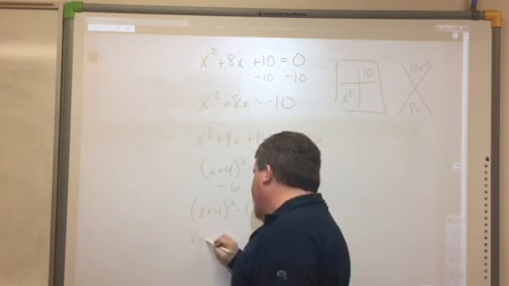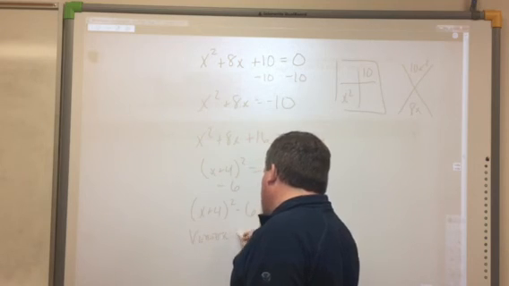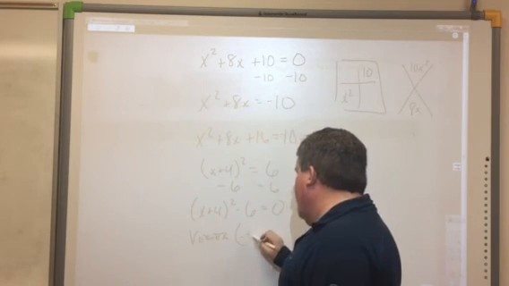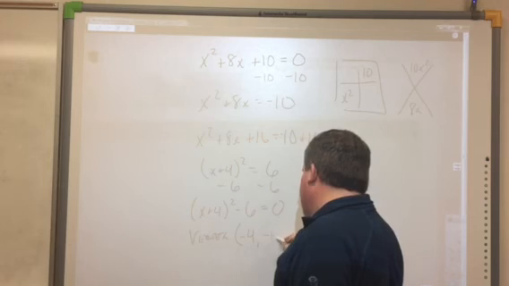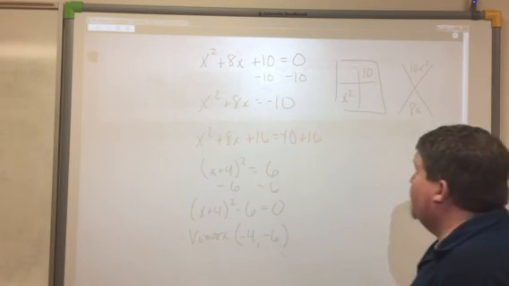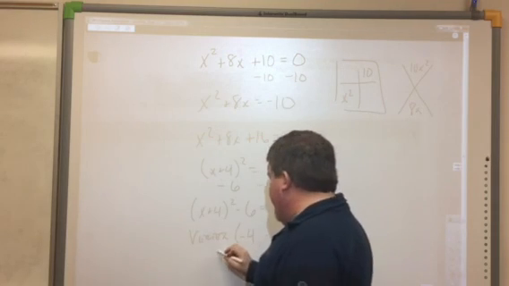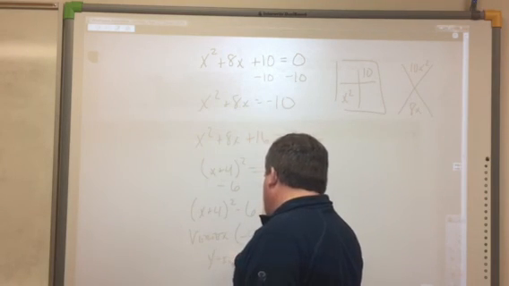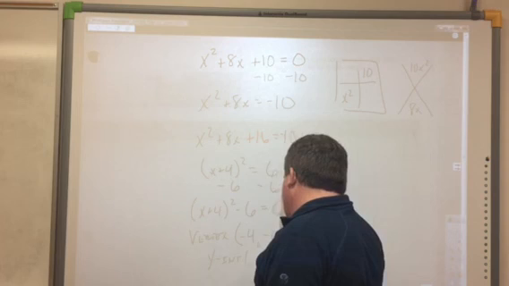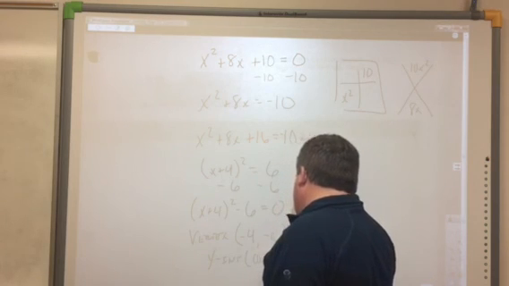So our vertex, opposite of this, is -4, -6. Our y-intercept is still going to be at 0, 10.